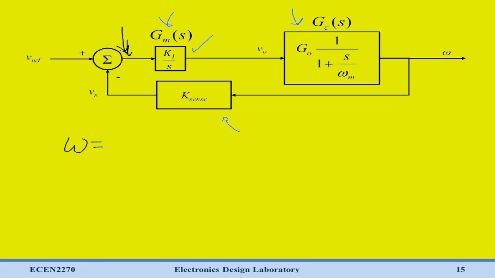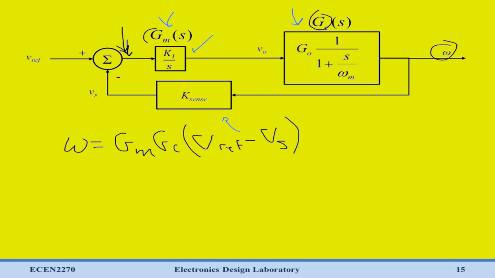This voltage here is just Vref minus Vs, so we can see omega equals GM times GC times Vref minus Vs. So omega times, we have GC, we have GM, and then we have this difference here.